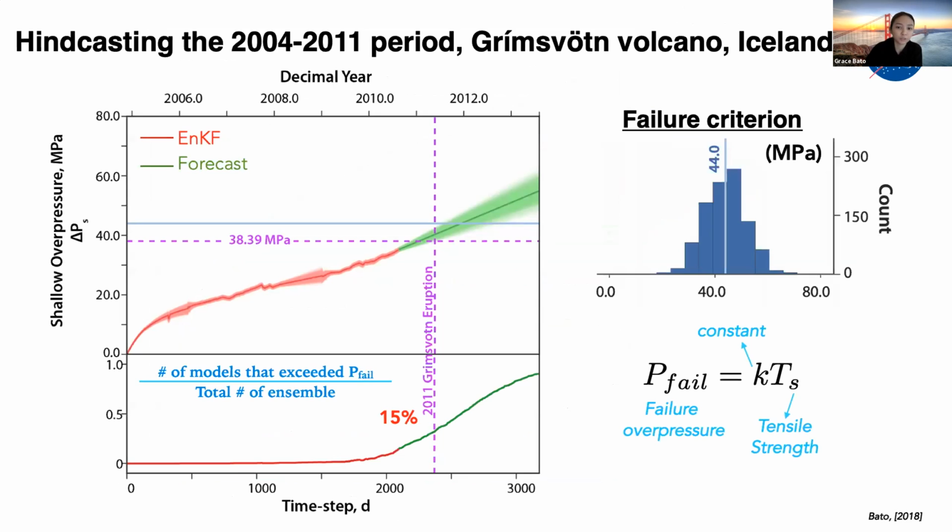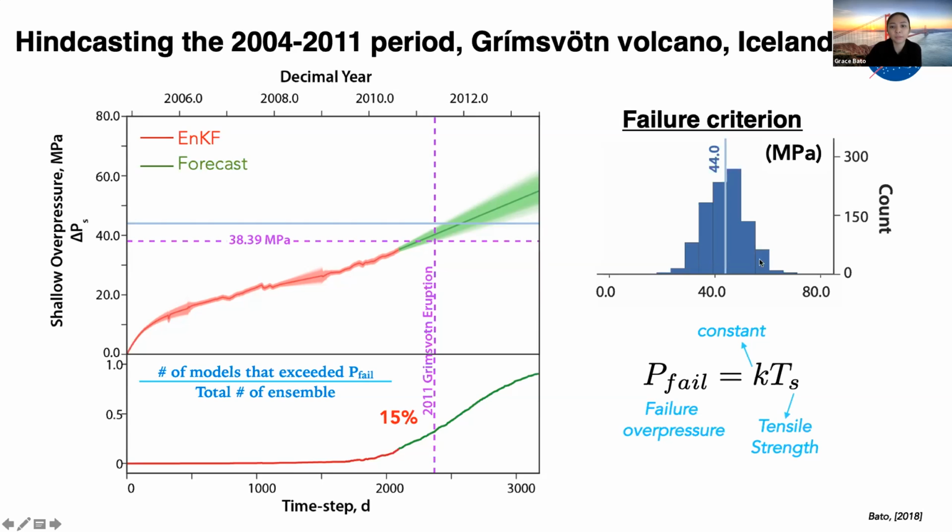In this particular case, we hindcasted the 2004 to 2011 period at Grímsvötn volcano in Iceland. We defined a failure criterion distribution, as you can see here, and we assigned each of our models a failure criterion at time t equal to 0, drawn from this distribution.